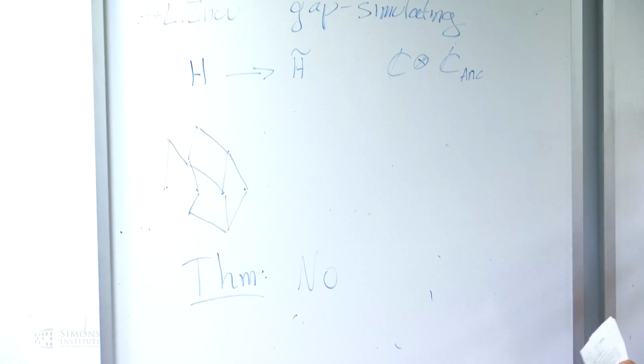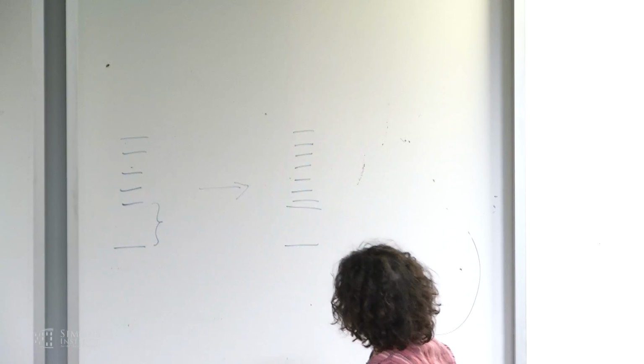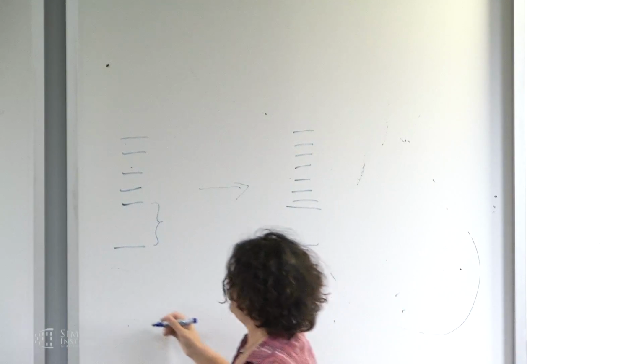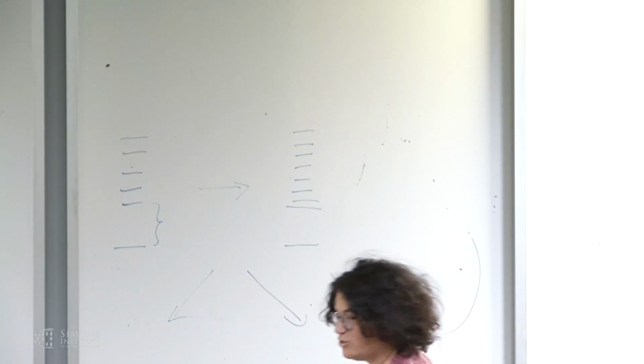Okay, so we have a Hamiltonian, we have some spectrum, and there's a gap here. And we want the new Hamiltonian to act on another space such that the spectral gap is preserved. And there are two different definitions, and I leave you to think for a moment what will be the stronger one.